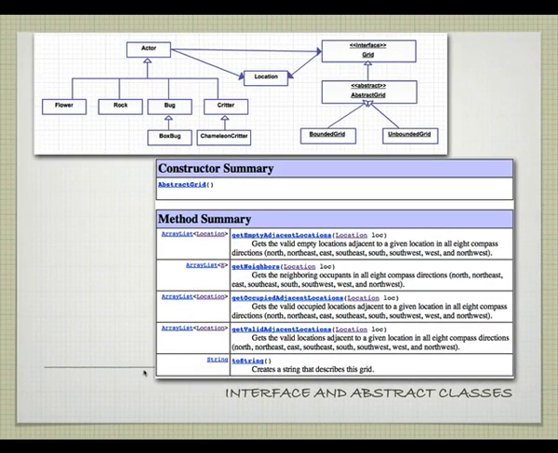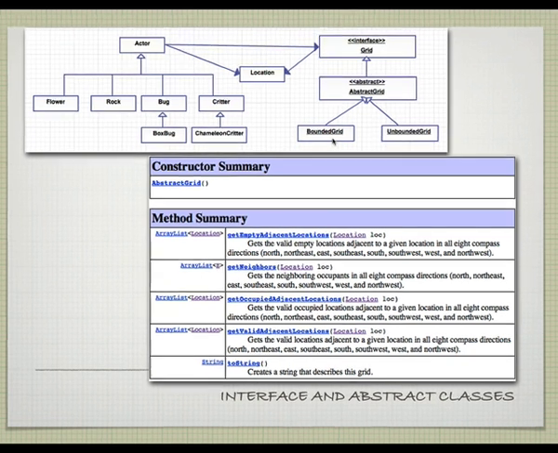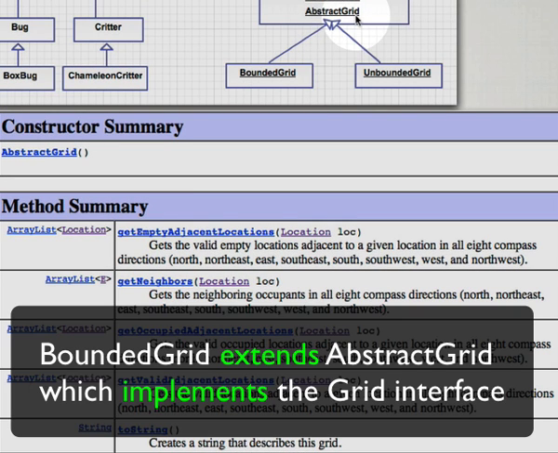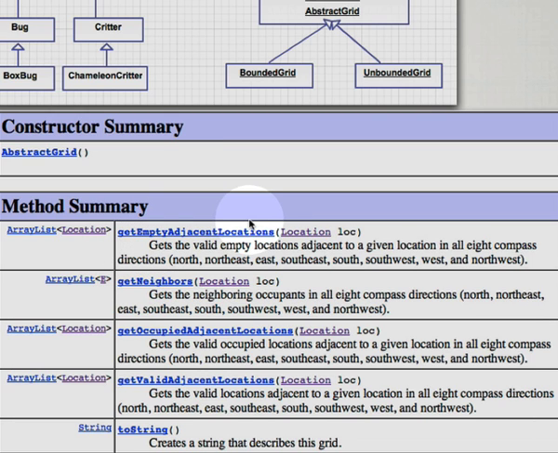Grids themselves have some interesting methods. We mentioned a few of them. Some of them we get because we're usually on a bounded grid. It's actually defined in the abstract grid. Important thing to remember, when you get adjacent locations or occupied adjacent locations or valid adjacent locations, like to know where to move to, these are locations. These are not actors.